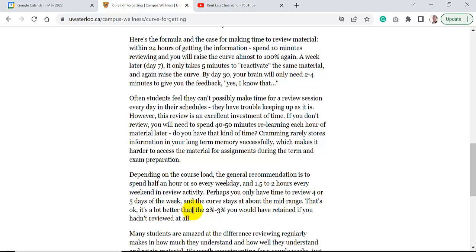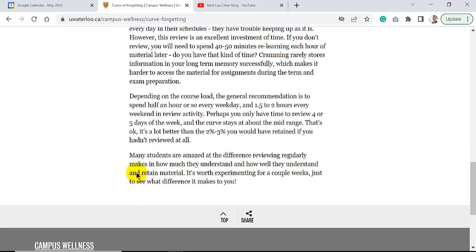It's a lot better than the 2 to 3% you will have retained if you haven't reviewed at all. Many students are amazed at the difference reviewing regularly makes in how much they understand and retain. It's worth experimenting for a couple of weeks just to see what difference it makes to you.